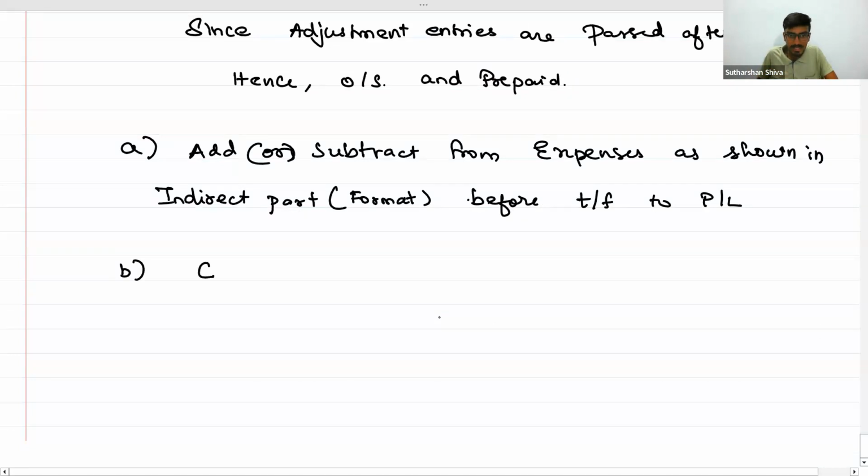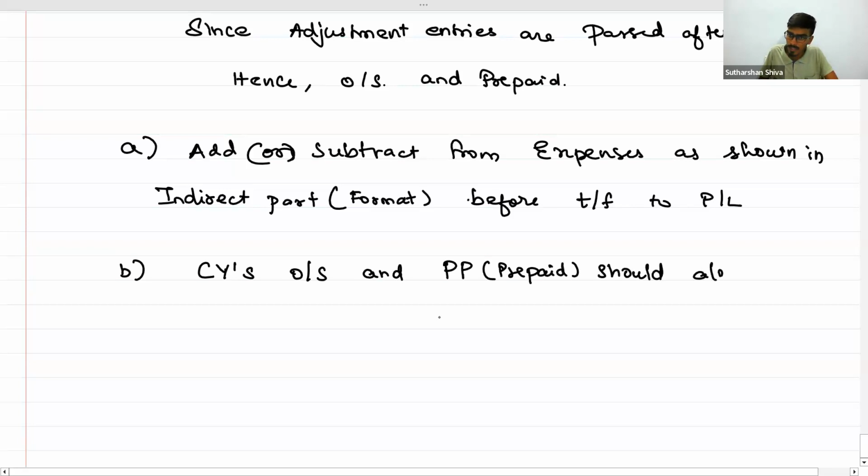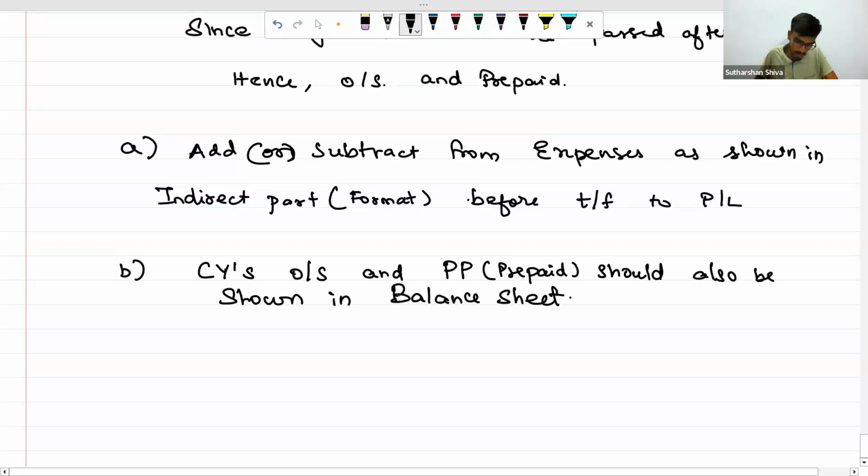Next one is that current year's outstanding and prepaid should also be shown in one more statement. That one more statement is known as the balance sheet. This is your first criteria under indirect expenses.